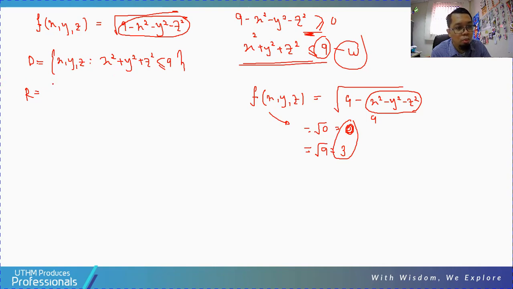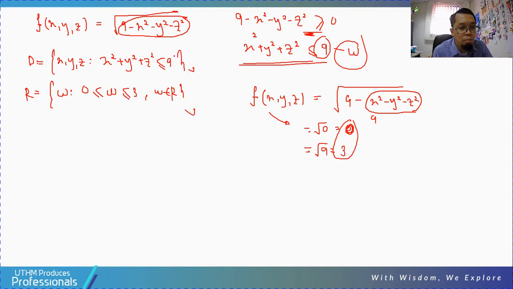So W is between 0 and 3, and W is a real number.